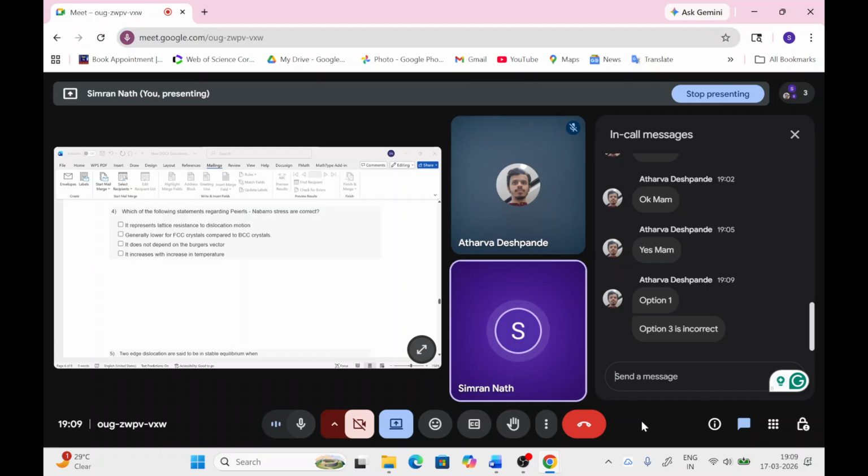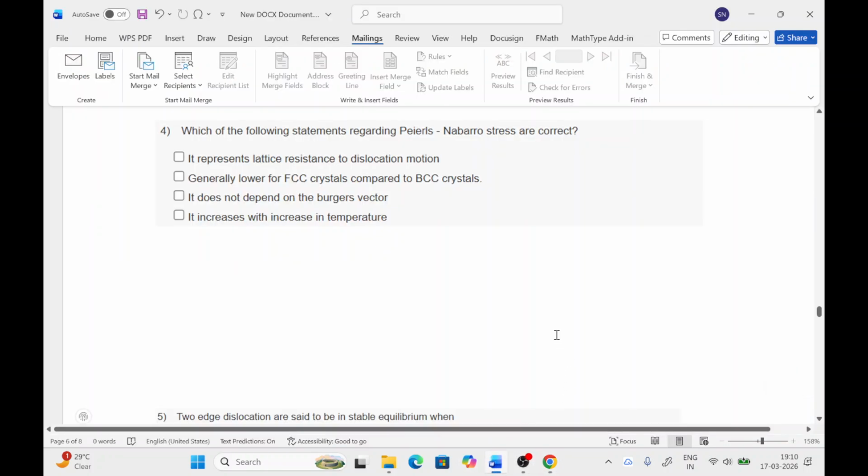So the third and fourth options are incorrect, and the first and second options are correct. It means for an FCC crystal, it is lower compared to a BCC crystal, meaning BCC crystals are stronger than FCC. So the first and second are correct.